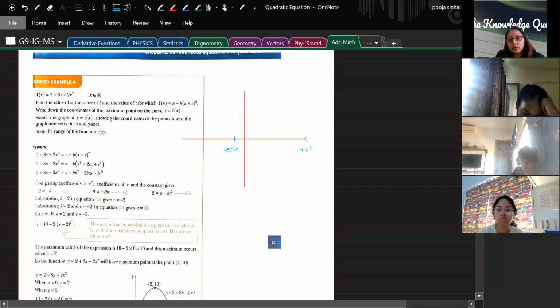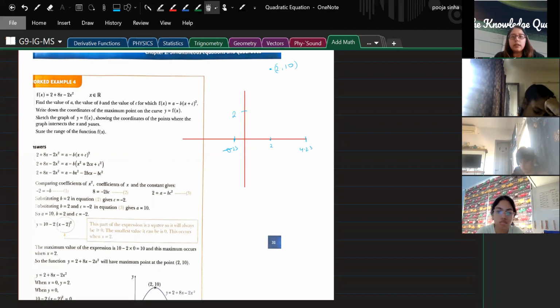So somewhere here. And then what is the topmost point? 2, 10. So 2 is in between them, and somewhere here should be 2, 10. I'm just doing it roughly, because it's just a sketch.